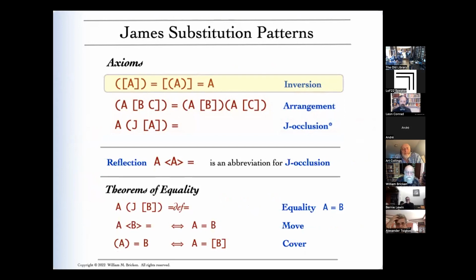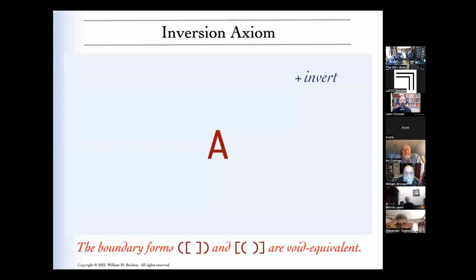Now, when we transcribe symbolic math into iconic form, it turns out the symbolic notation is just full of unnecessary inversions. And it's also very common to bring inversion pairs into existence to construct forms that we can then arrange. So here's inversion. Pairs of boundaries come and go as we choose.